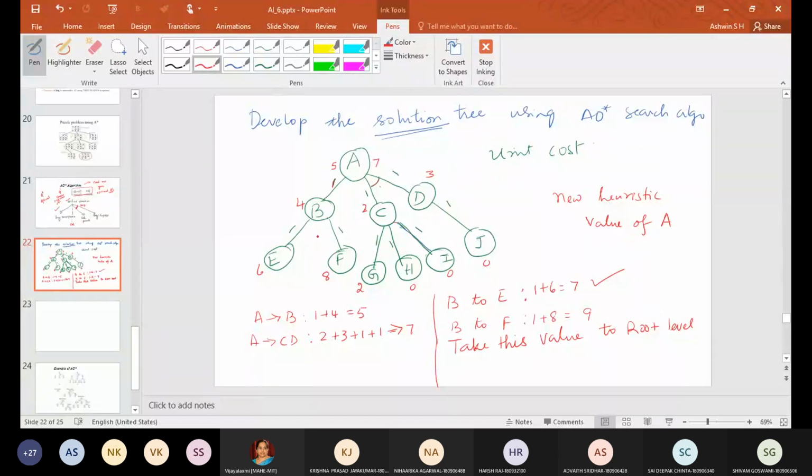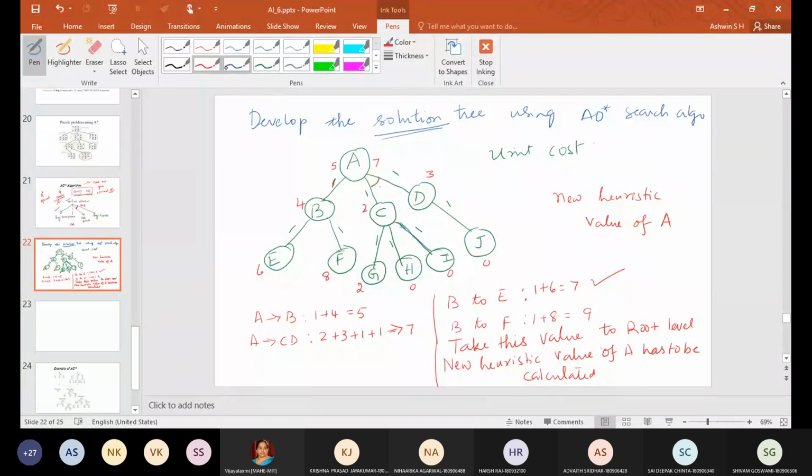So now the new heuristic value of A has to be calculated. Okay, I will write here. So the new heuristic value of A is this.